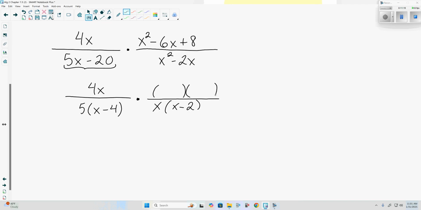Our signs would be minus and minus, x and x, 2 and 4, because the only factors of 8 are 1 and 8, and 2 and 4. We're trying to get 6, and it'd be nice to have x minus 2 and x minus 4.